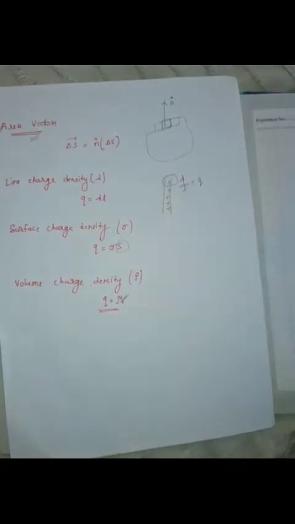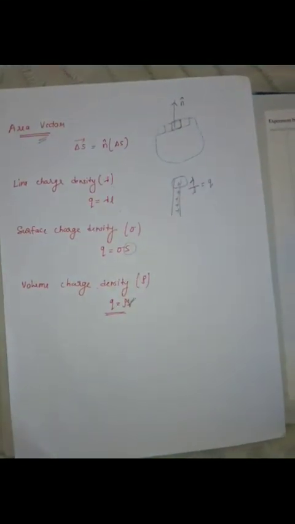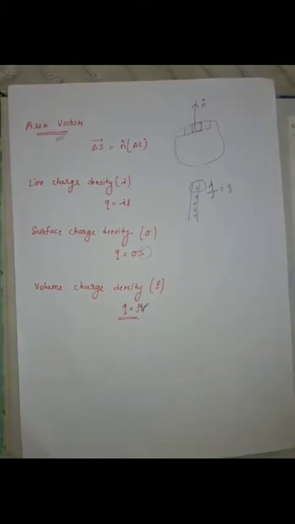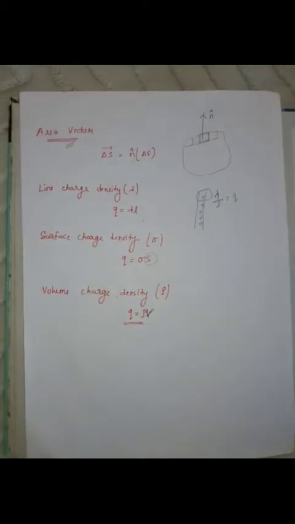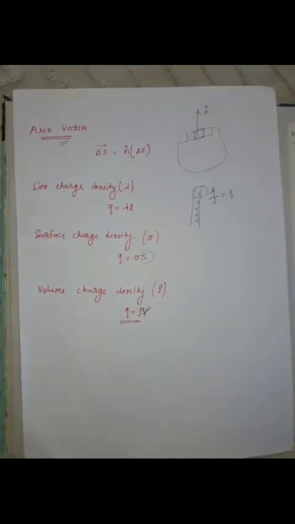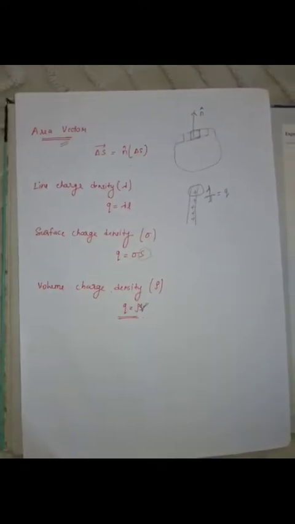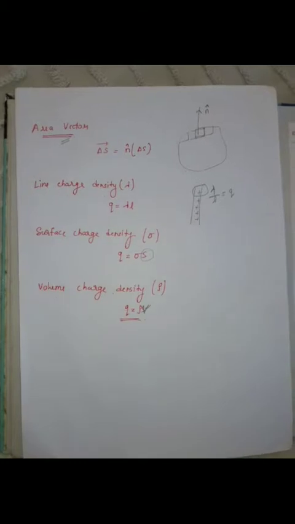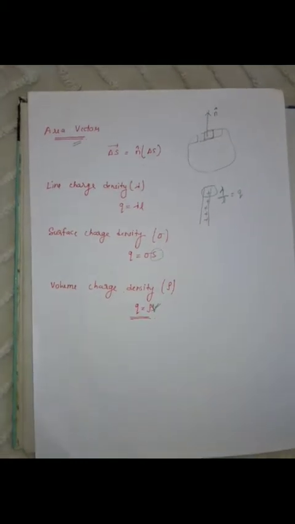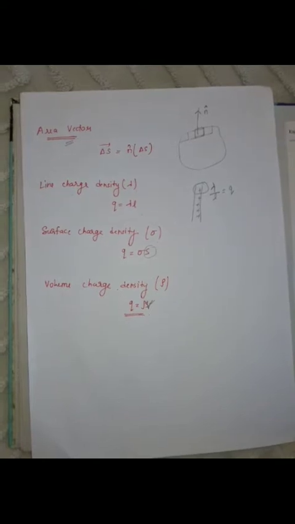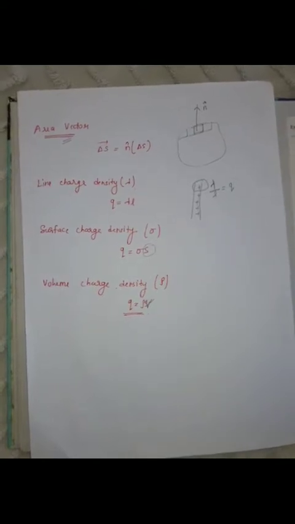Whatever density there is per unit length, it is due to charge. So lambda per unit length will be equal to charge. Similarly, for the surface, density is denoted by sigma, which gives Q equals sigma S, and for the volume it is denoted by rho, which gives Q equals rho V.